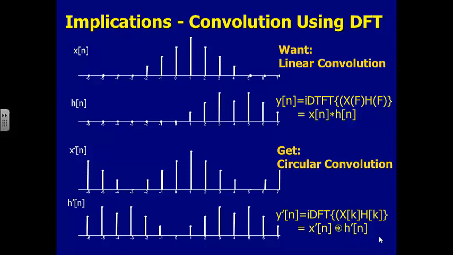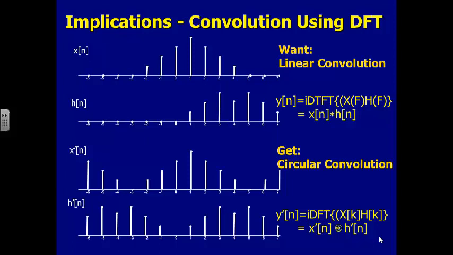How many samples should I have if I convolve two 10-length sequences? Remember the formula? Convolution results. How long is the answer? I heard the sum minus 1. So if I convolve two 10-length sequences, I get 10 plus 10 minus 1. I need 19 samples to hold the true convolution result. If I do it with transforms, I only got 10.